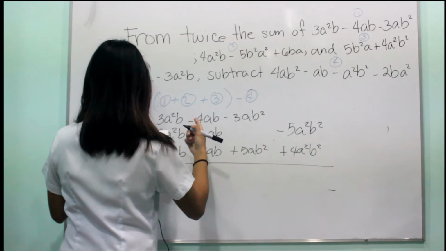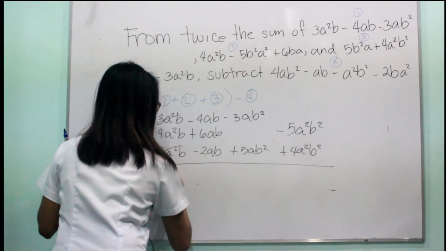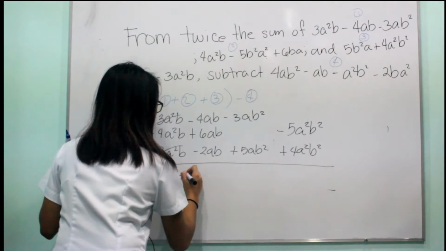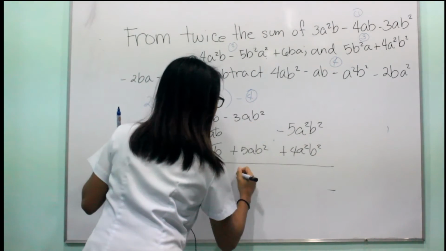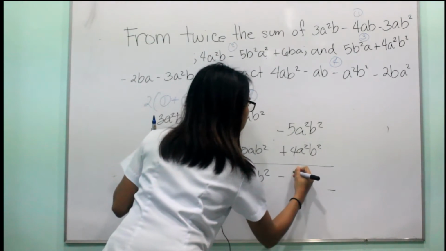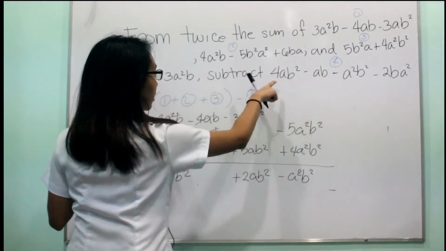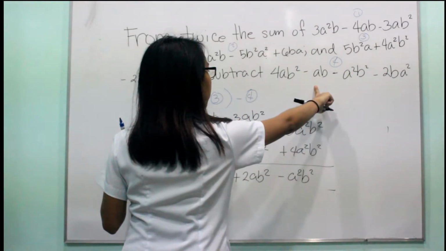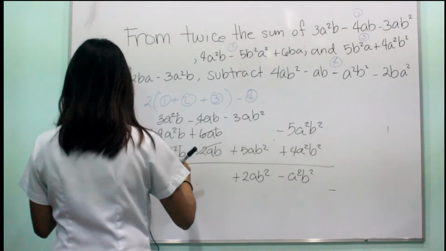So perform, so the answer will be cancel, 4a squared b squared, cancel, then plus 2ab squared minus a squared b squared. Then subtract the fourth polynomial to the answer in the first, second, and third.